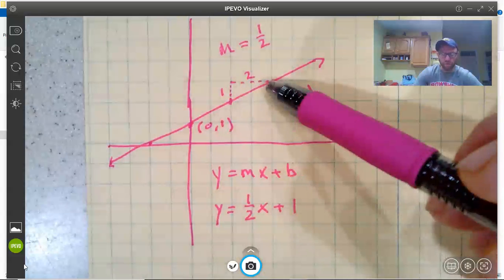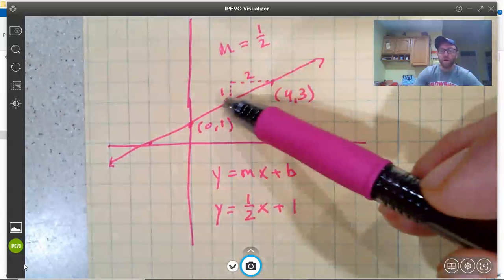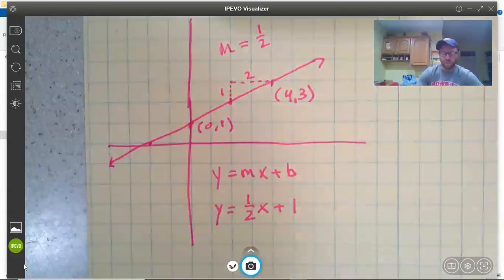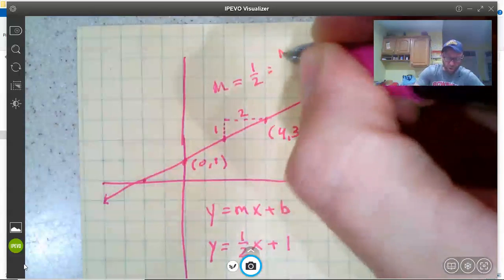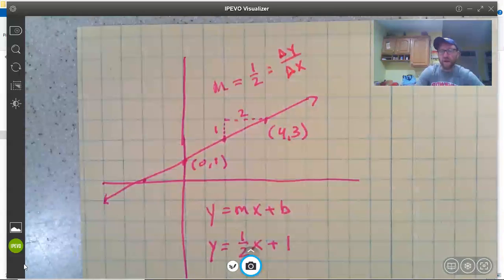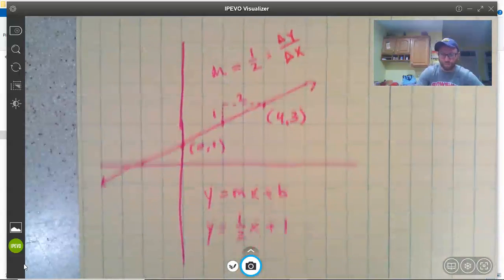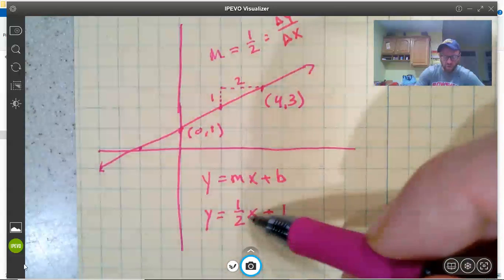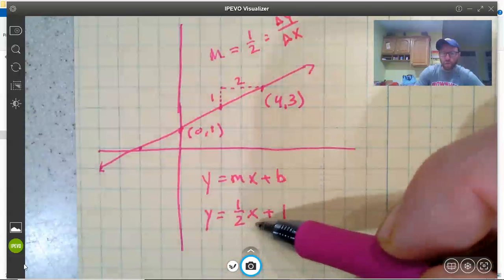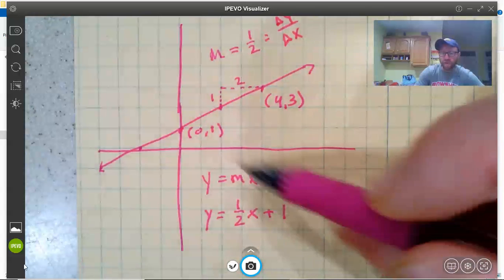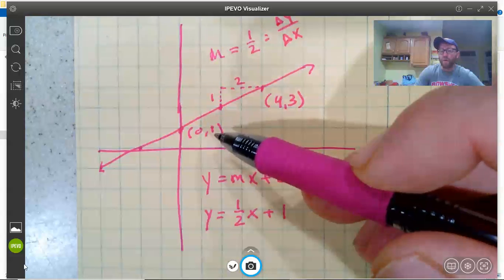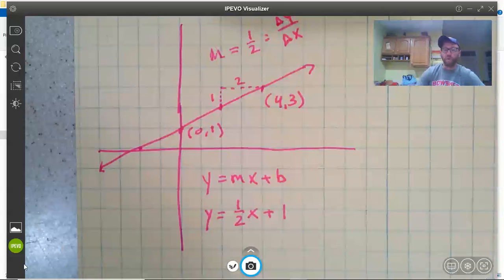As I travel from this point to this point, our vertical change is 1, our horizontal change is 2, and so our ratio of vertical change to horizontal change is 1 to 2. And I can just plug those into this formula: y equals 1/2 x, so slope times x, plus the y-intercept. We just take the y-coordinate of the y-intercept. Of course, we don't take both coordinates.